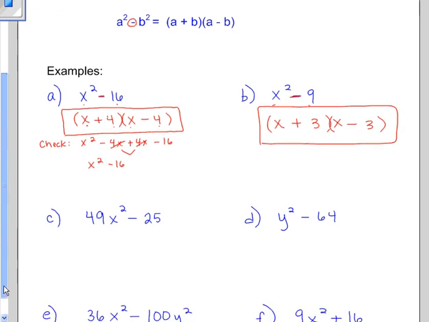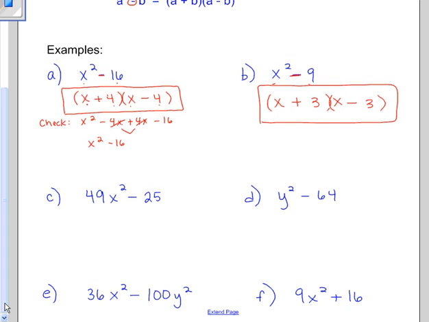Okay, let's look at part C. I have 49x squared minus 25. 49 is a perfect square, and so is 25. So the square root of 49x squared is 7x, and the square root of 25 is 5.